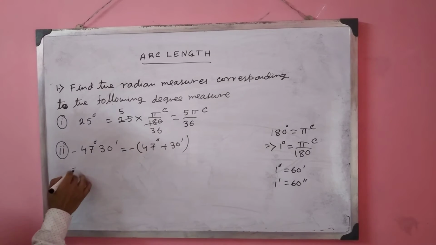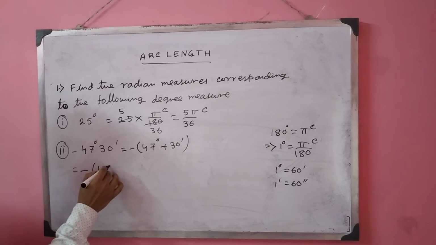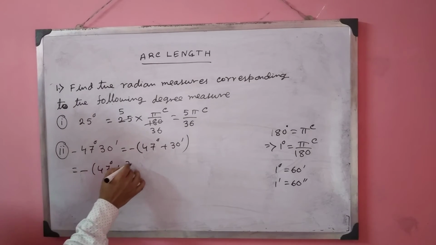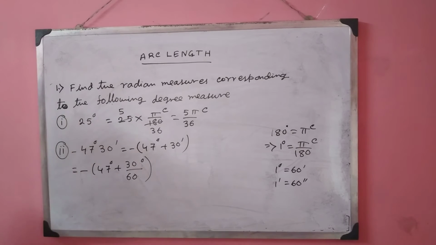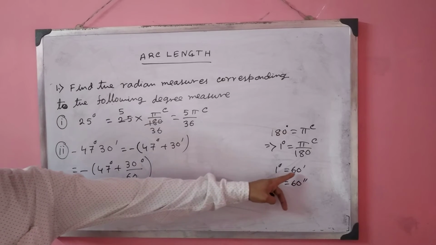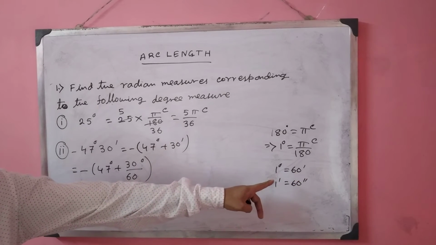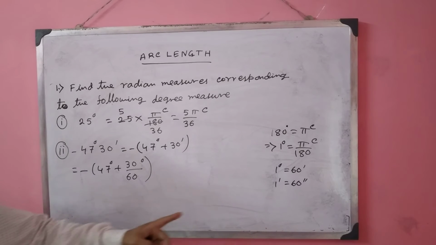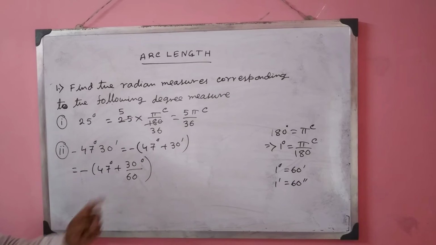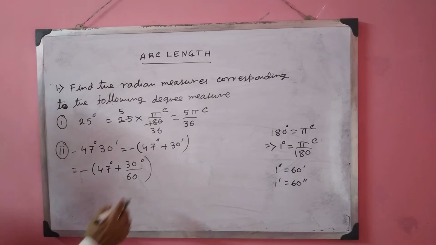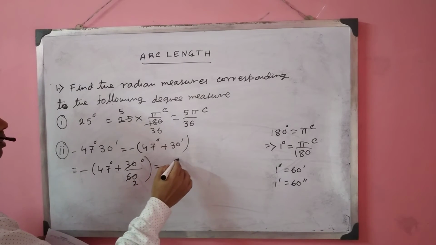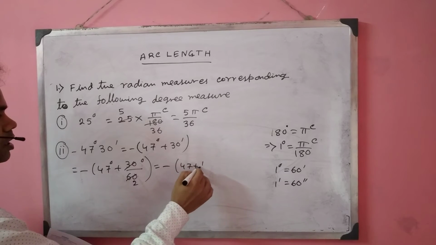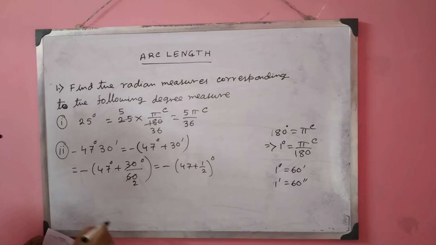So that 30 minutes has to be converted to degree: 30 by 60 degree, because 1 degree equals 60 minutes. So 1 minute equals 1 by 60, so 30 minutes equals 30 by 60. Minus 47 plus half degree.